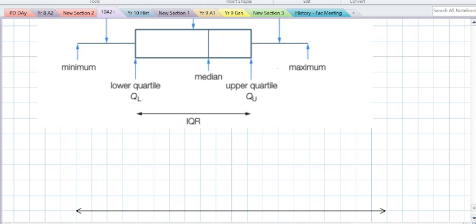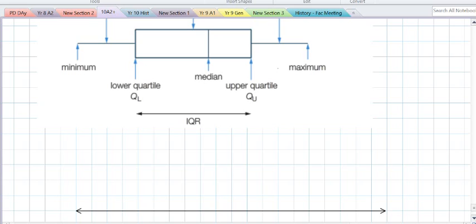Same. What was the upper quartile? 11. Alright, and that's where the end of the box goes to. And the maximum? 20. Good one.